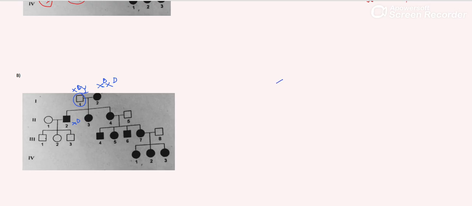Suppose he is normal and his wife is X-linked recessive, so she carries 2 types of gamete and he carries only 1 type of gamete, so it cannot happen that XD and X come here.